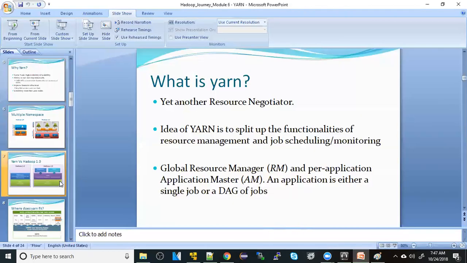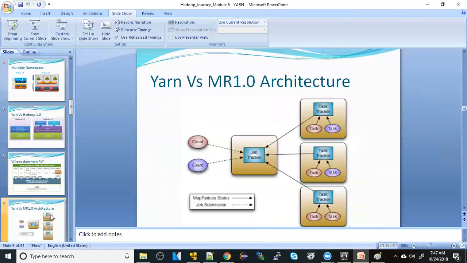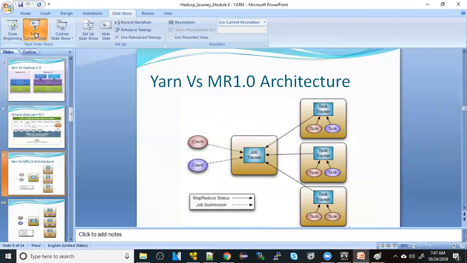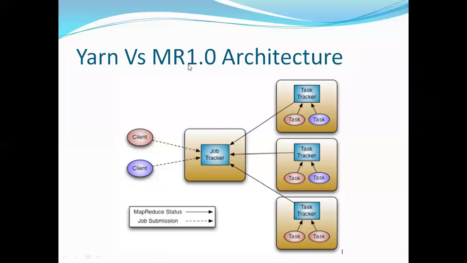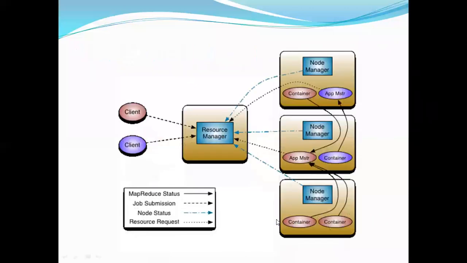So here, I'll just show you one more picture. This is what happens in MR 1.0, right? Client, job tracker, that is a master, and task trackers are there, tasks are running. In 2.0, if you see, it is changed. We have a global resource manager, and we have a node manager per node.